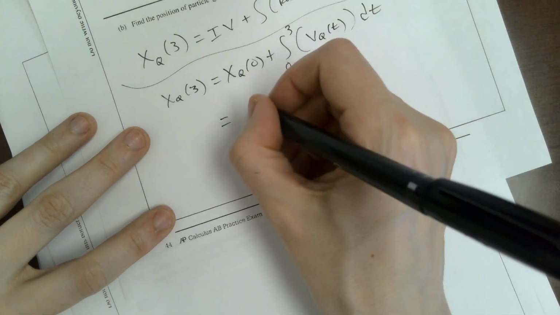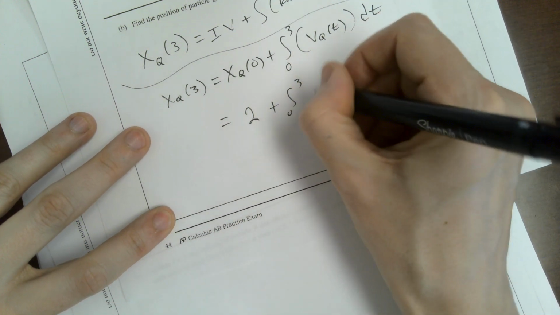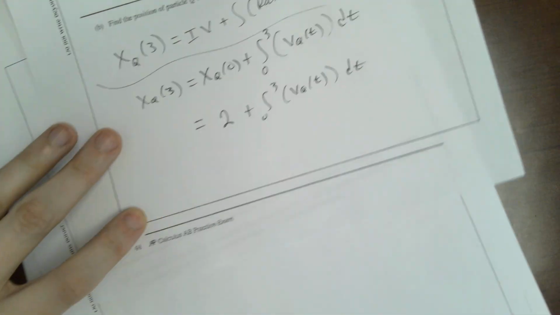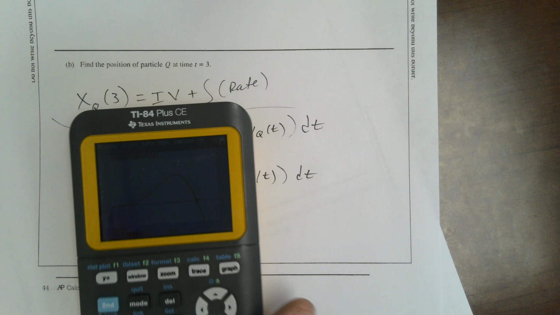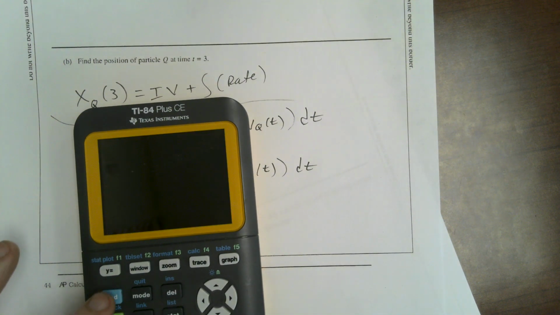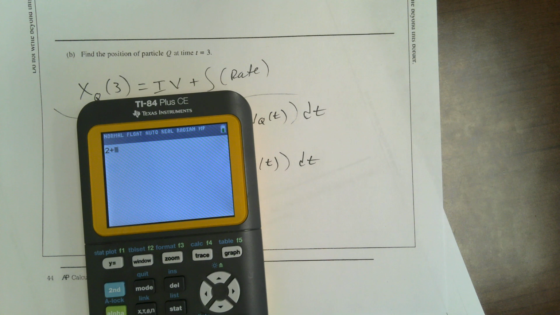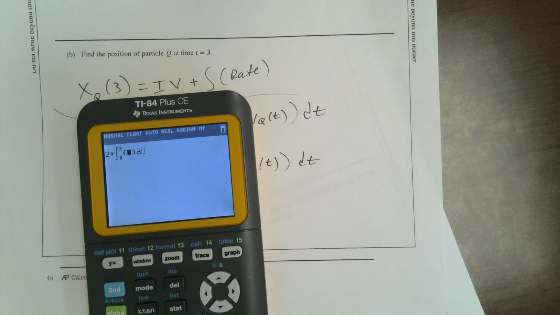Okay, so they already gave us that initial value, so 2 plus the integral from 0 to 3. Okay, and then I can do 2 plus math 9, 0 to 3, and I'm plugging in velocity, that's y1.